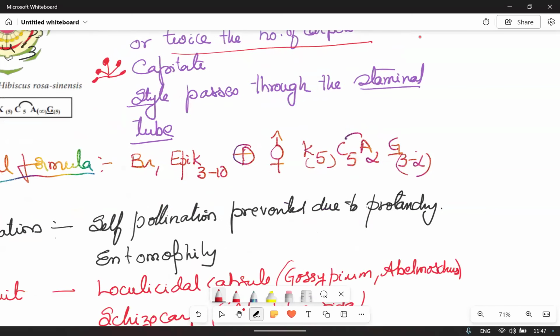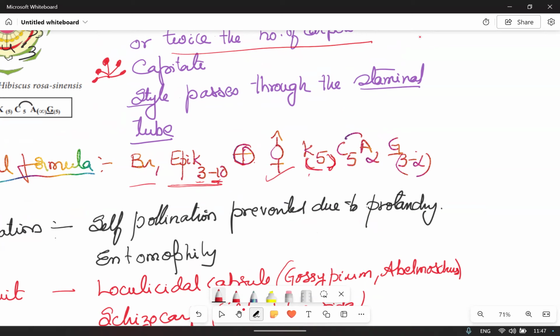And come to the floral formula. All these families, they give floral formulae in matching, and you have to remember. Bracteate. Then epicalyx, which means bracteoles, they form the epicalyx surrounding the calyx, 3 to 10 in number. Actinomorphic, bisexual, and calyx 5, gamosepalous.